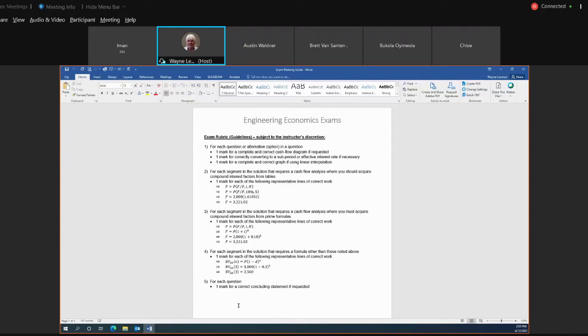So these were the key lines of work that would earn you marks. And it is laid out in this fashion. So many people didn't show one or two or even three of these lines. They just kind of wrote down stuff and just showed me the bottom line.